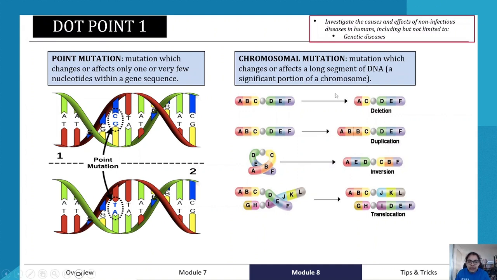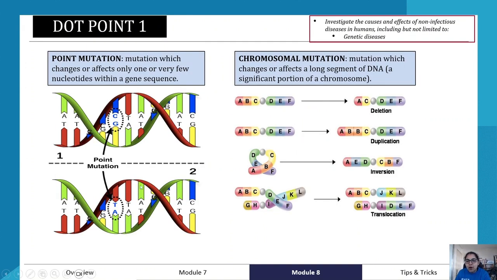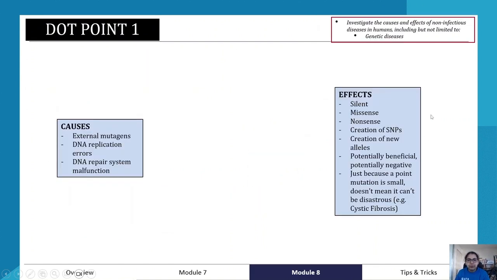So we can see things like deletion, where we're deleting a certain part of the chromosome, duplication, inversion, and translocation, so it's like switched over incorrectly. Remember, you want to know the different types of point mutations and their effect, like missense, nonsense, silent, and so on, and know examples for your chromosomal mutations as well.